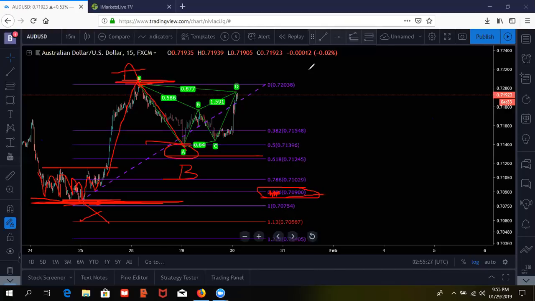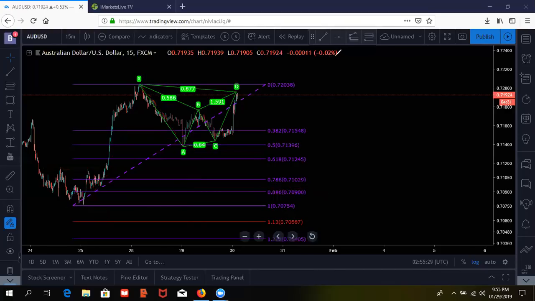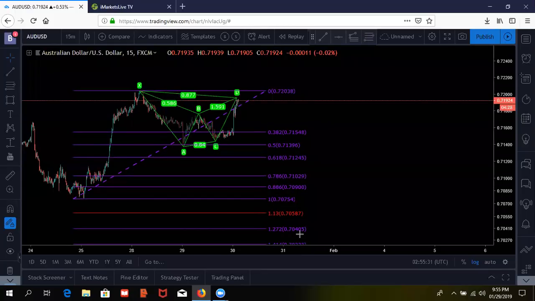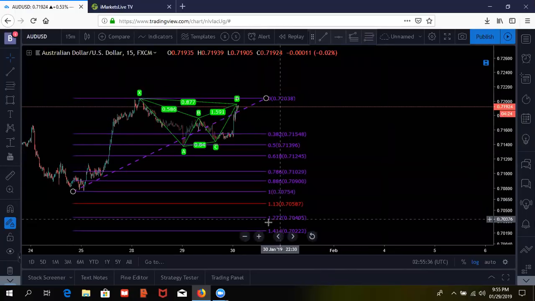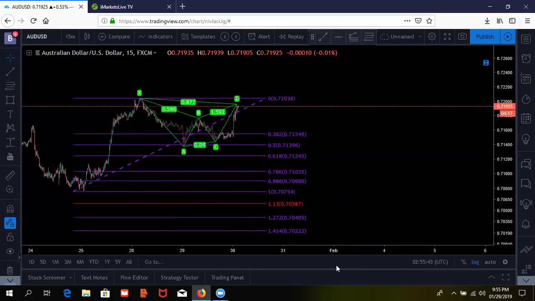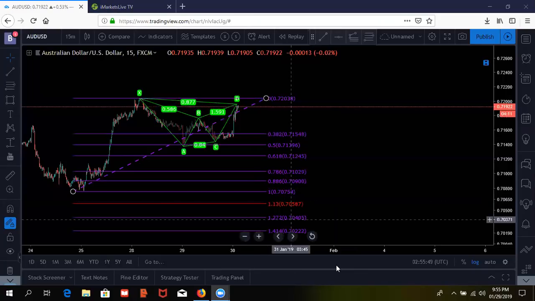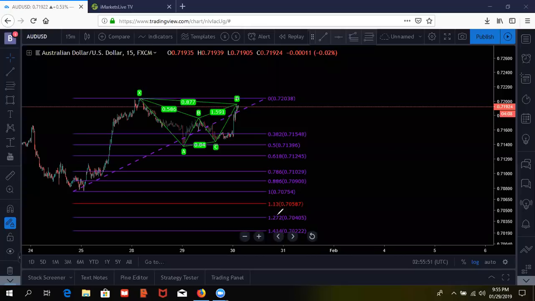And yeah, I use the 113 and the 1272 for stop losses. But for the most part, I really keep a mental stop loss in my head.